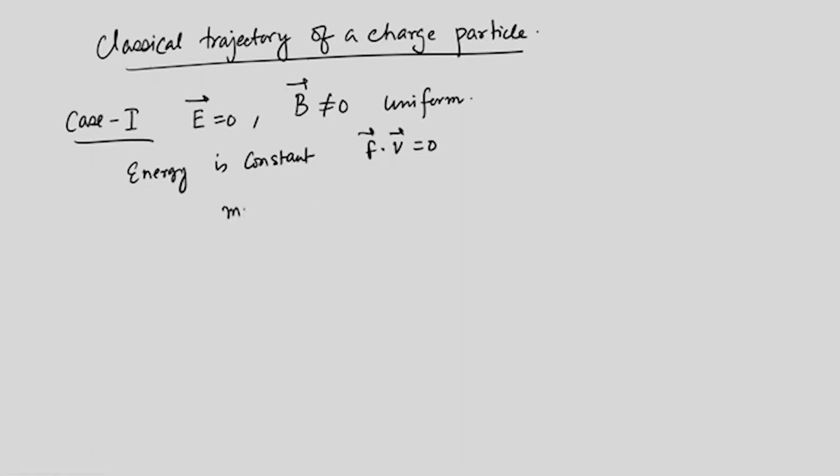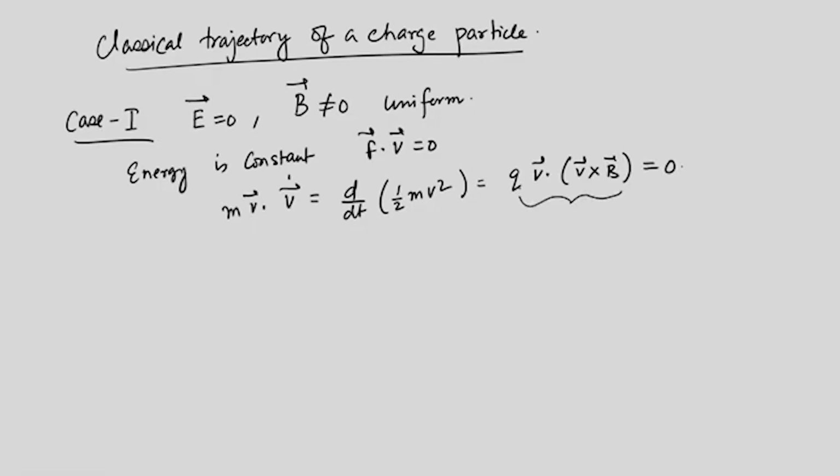So, we can write this as m v dot V dot, which is equal to d/dt of half m v square, and this is equal to q into v dot (v cross B), which is equal to 0. This is your F dot V, because F is the Lorentz force. When there is no electric field, only the magnetic field will create a Lorentz force.